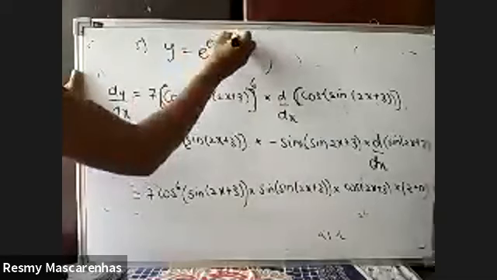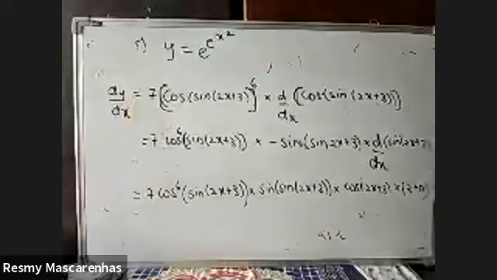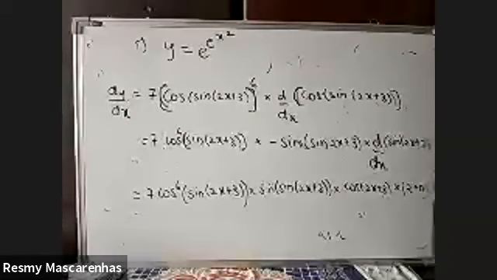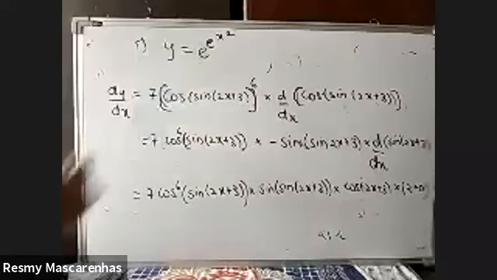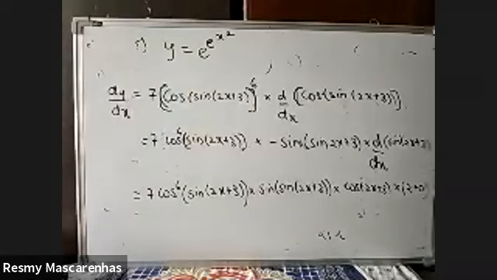Now e raised to e raised to x square. This is x square. So you have to find the derivative of this.